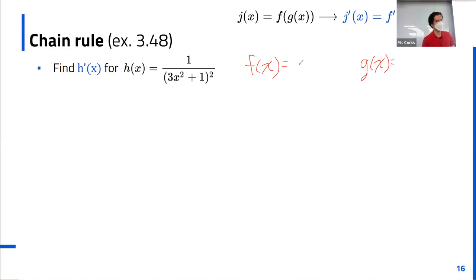Not just 1. It has to be a little more than that. Not the whole thing. We have to split this up. Almost 1 over something.